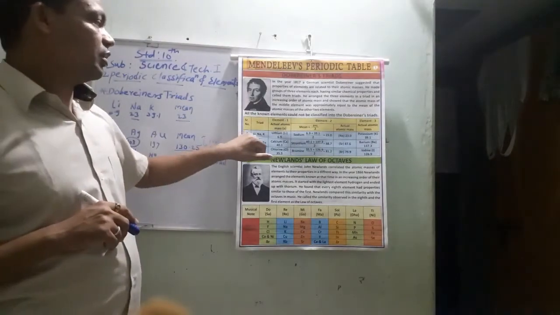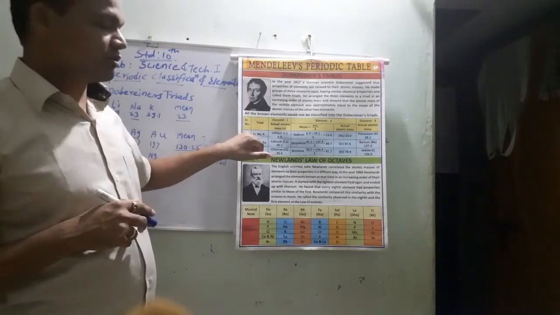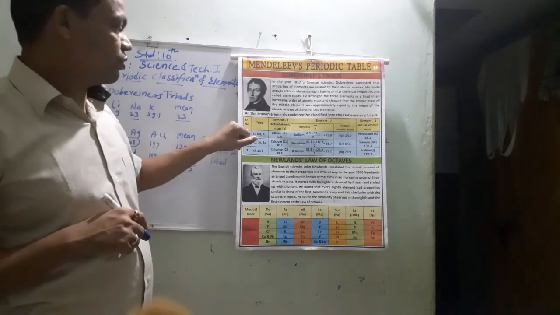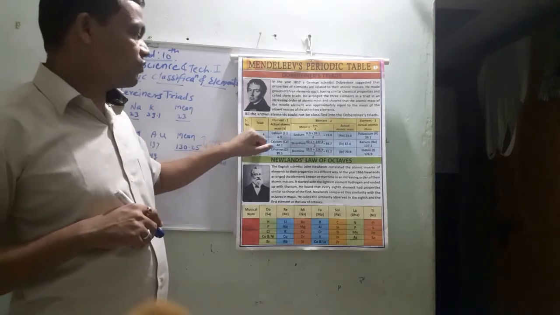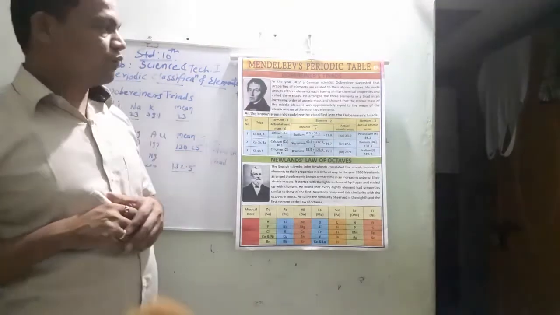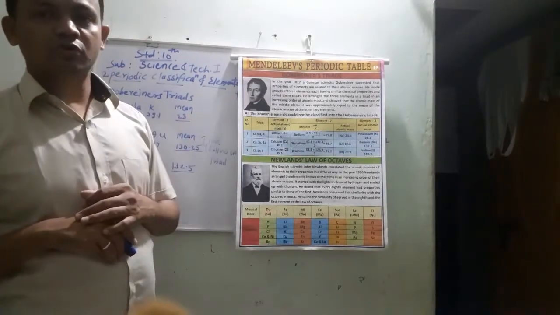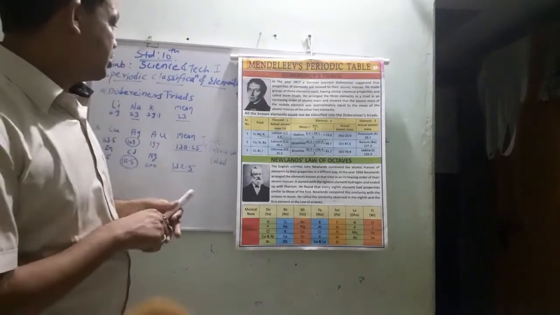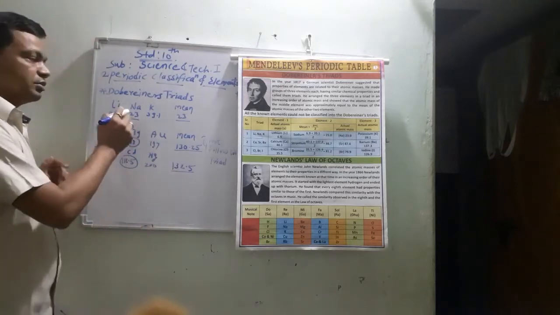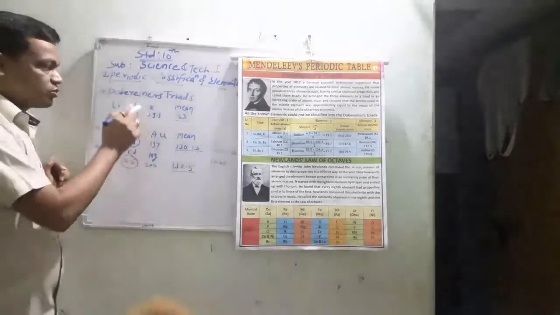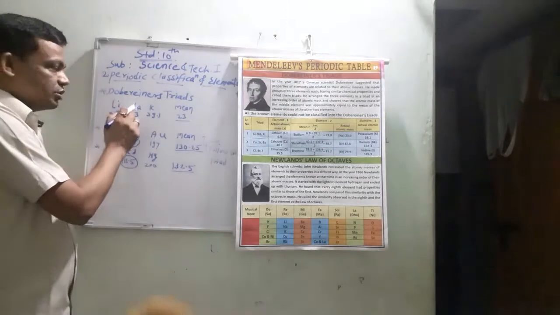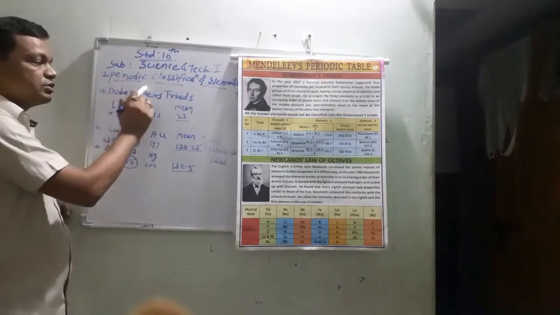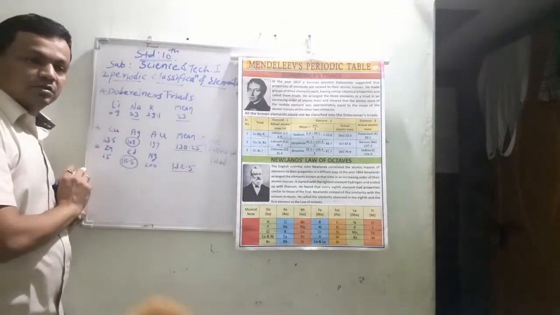For example, we saw in the last lecture lithium, sodium and potassium. This is a group of three elements which obey the law of Dobereiner. What does the law say? The atomic mass of the middle element is equal to the arithmetic mean of the remaining two elements.